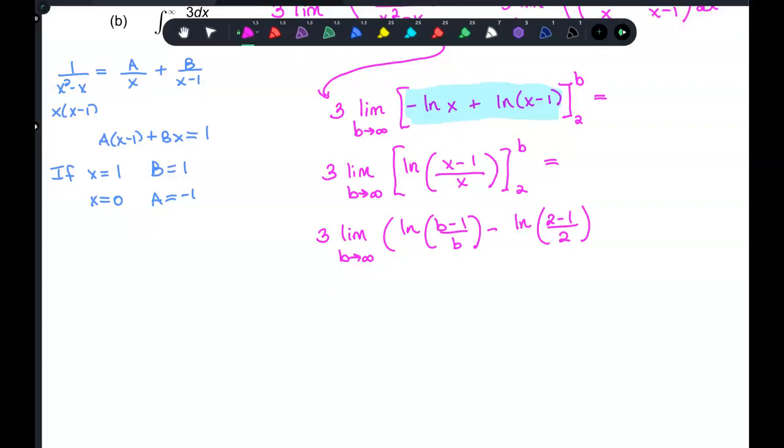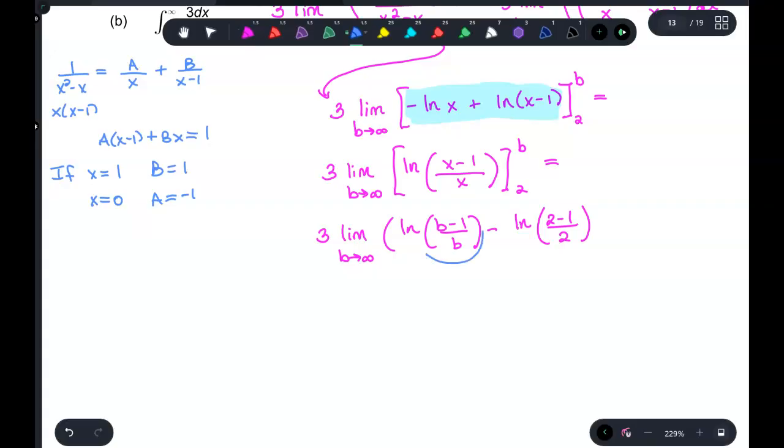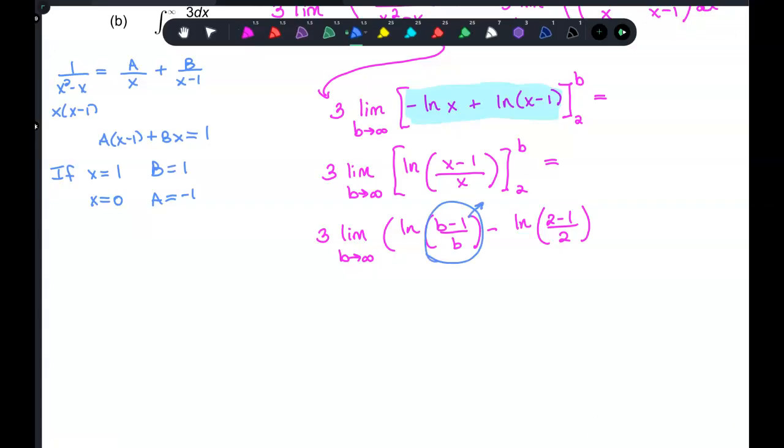Now as b goes to infinity, what is happening here? This whole thing is going to approach 1, because it's the same degree in the top and the bottom. So natural log of 1 will be 0. Does that make sense? Okay. And then we'll get minus natural log of a half.